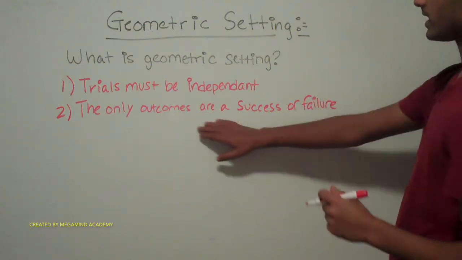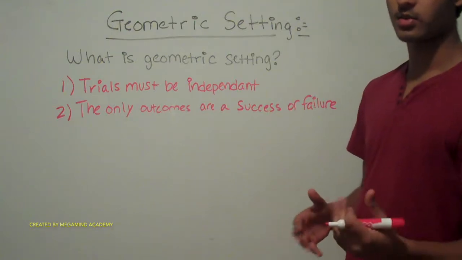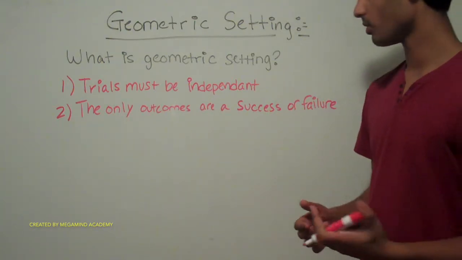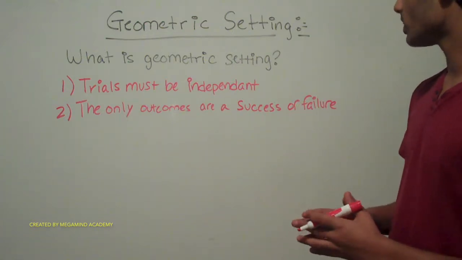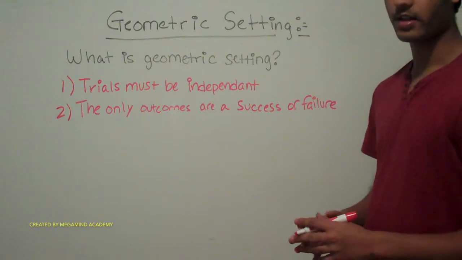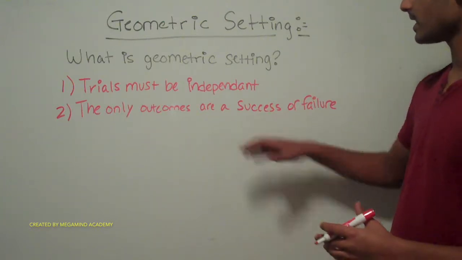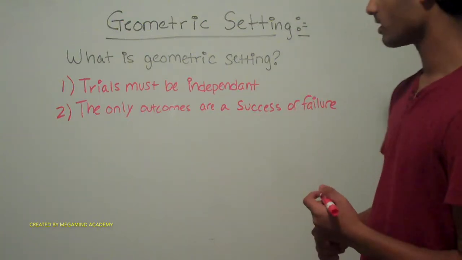So basically what this is saying is that there are only two outcomes. If you were dealing with chocolates, you would only have milk chocolates and dark chocolate, or something like that. There are only two outcomes, and one of them you define as a success, and the other as a failure. The one that you define as a success is the one that you want to measure the probability of happening a certain number of times.